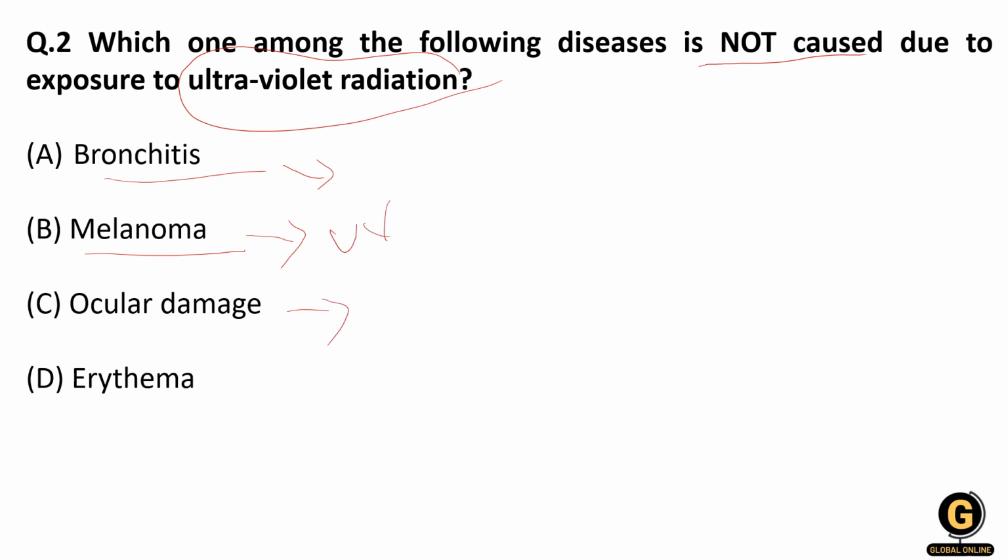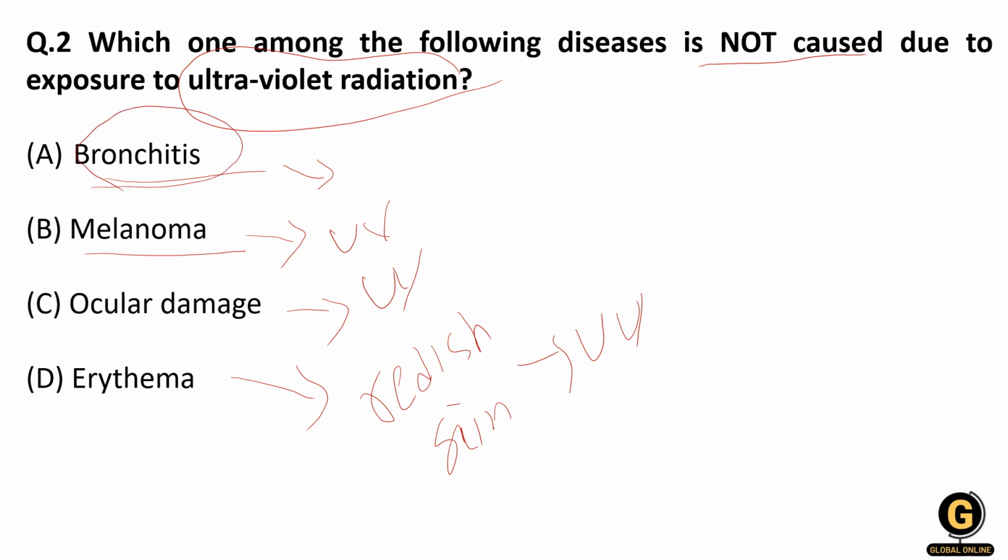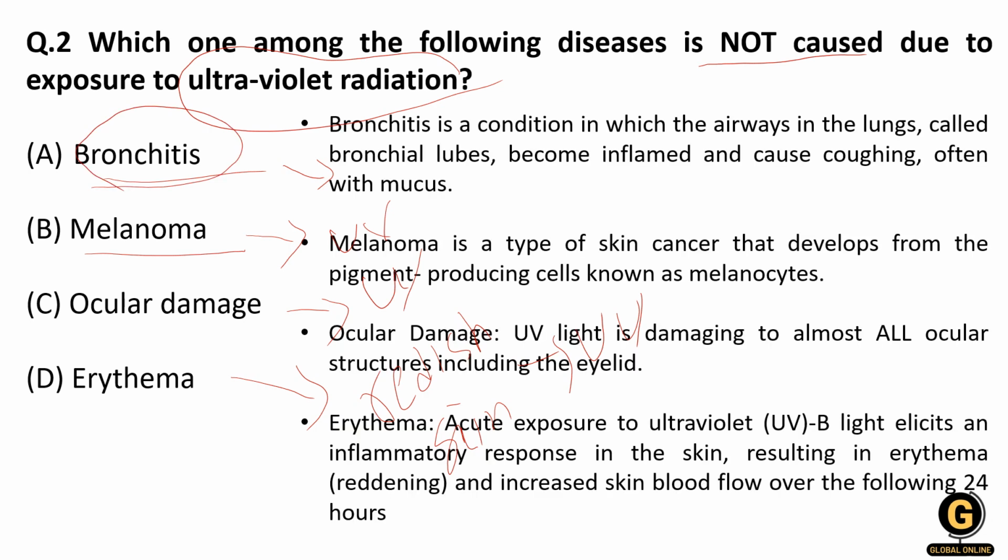Ocular damage is damage to the eyes, and it is caused by UV light. Erythema is reddishness of the skin after exposure to UV light. So the only disease that is not caused by ultraviolet radiation is bronchitis.